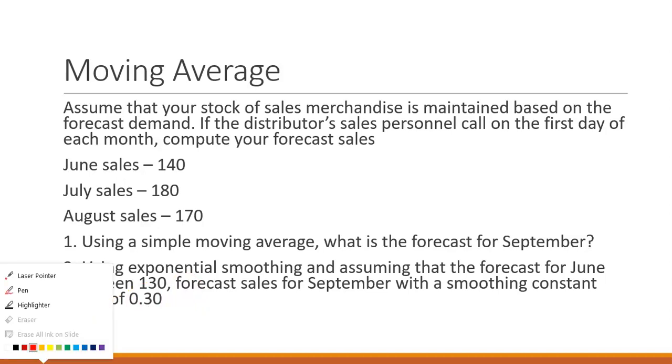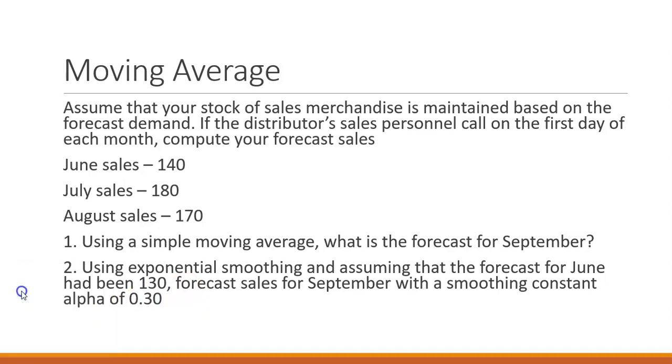Okay, so when we look at our simple moving average, it is the actual sales for previous periods divided by the number of periods. So we have 3 periods here. So we would have 140 plus 180, plus 170.